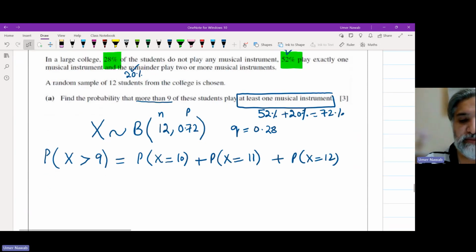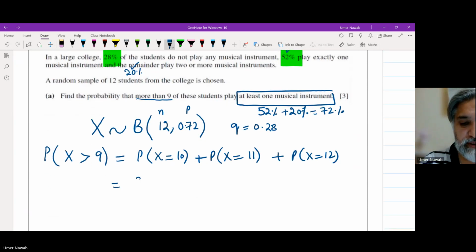If I write the case for 10, 12C10, 0.28 raised to the power 12 minus 10, it is 2, successes 0.72, we have 10 successes, raised by 10. Now 11, total 12.